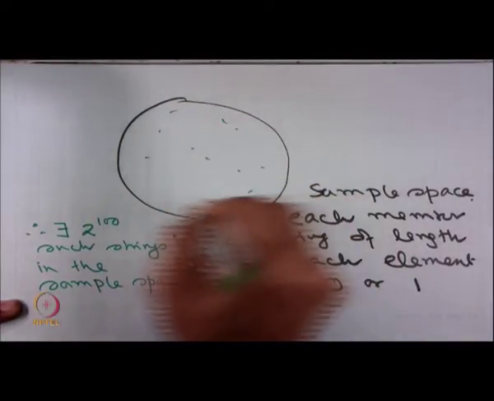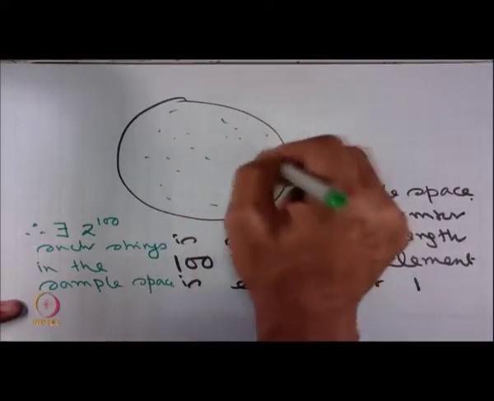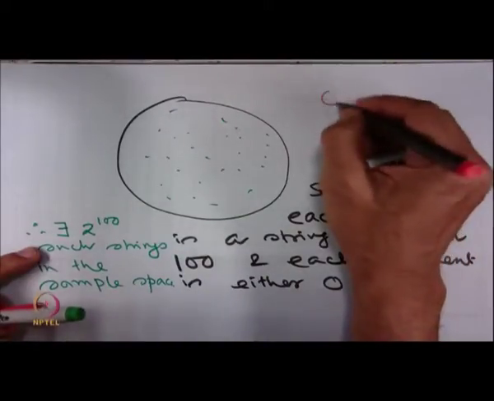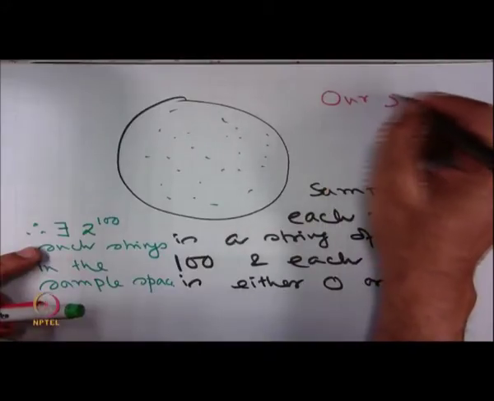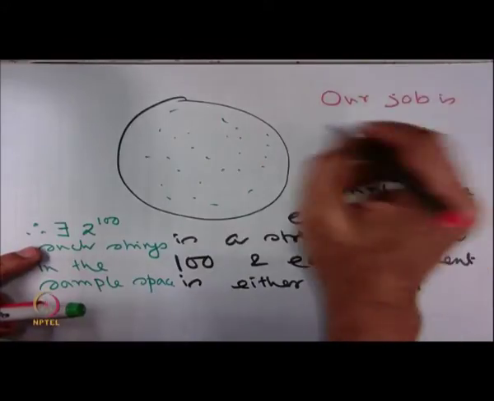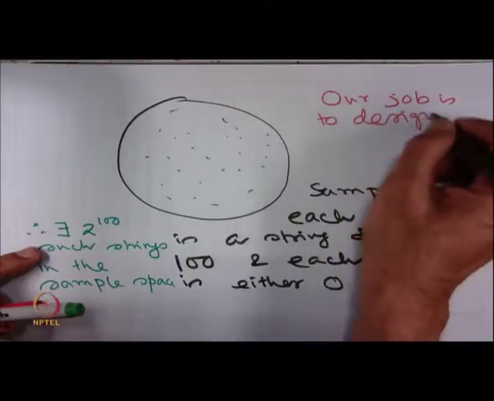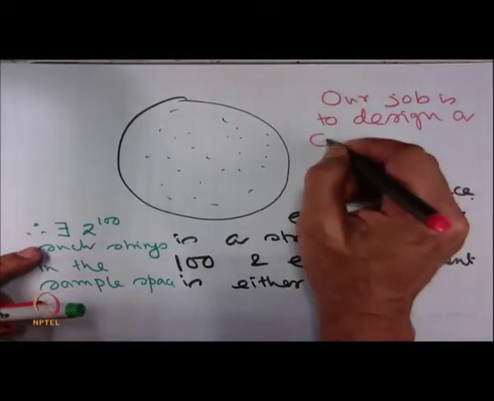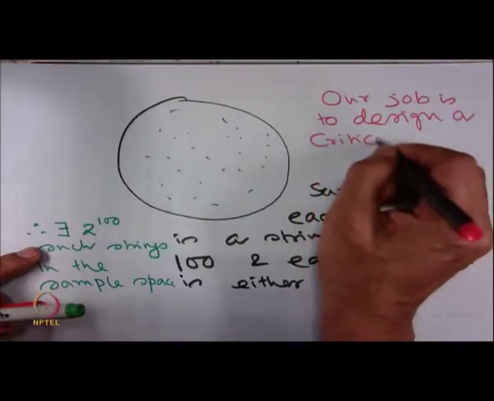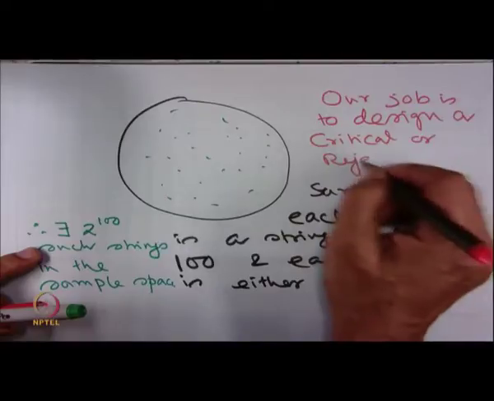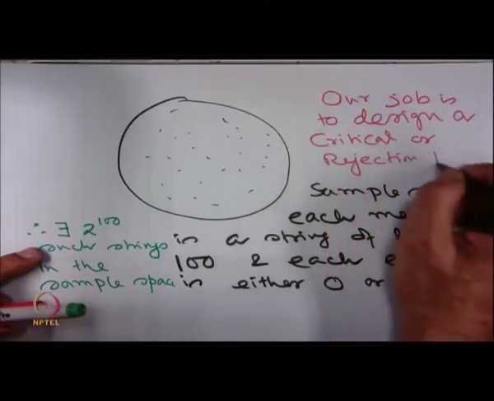Suppose these are the points in the sample space. Now, our job is to design a critical region, or rejection region.